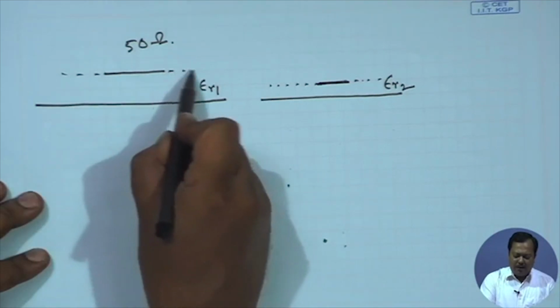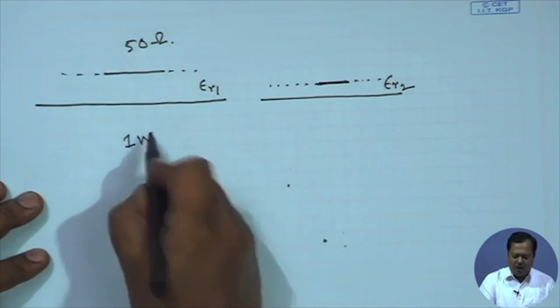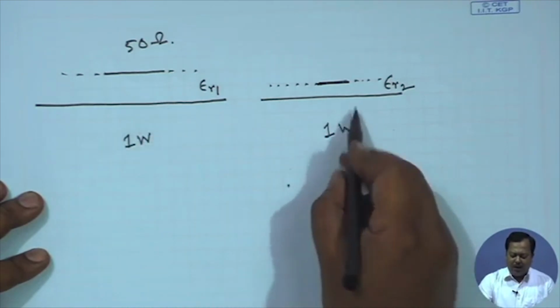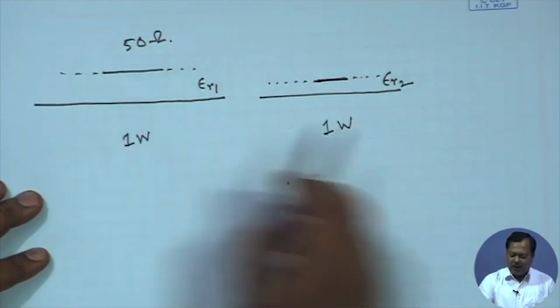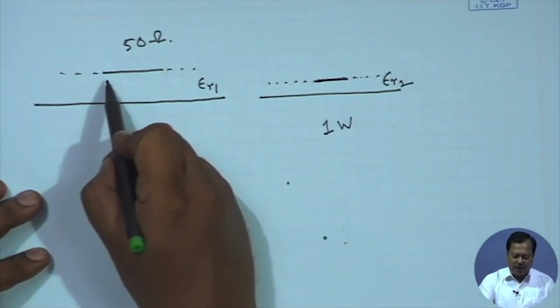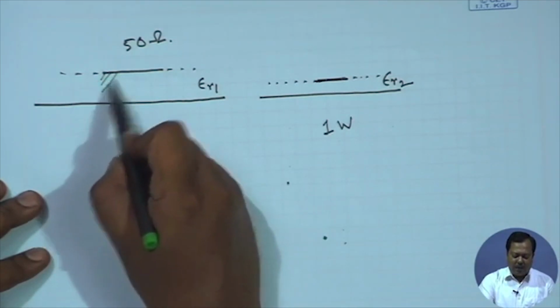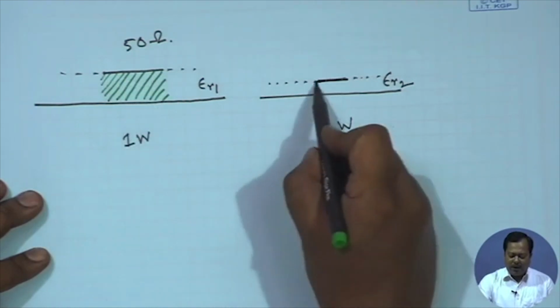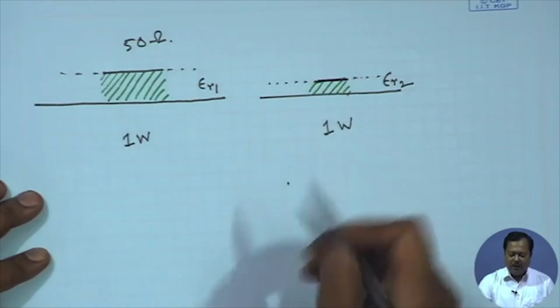Now, if I send 1 watt of power through microstrip line 1 and microstrip line 2, in this case electromagnetic energy is mainly confined below the strip, and here also the same thing.